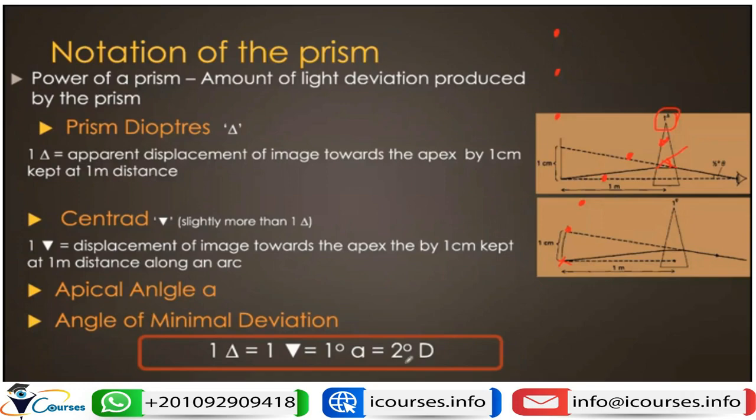So this is the rule, and in notation or in practice, we use the prism diopter and the angle of deviation. So 1 prism diopter equals 2 degrees of angle of deviation. So always the angle of deviation is half the prismatic power of the prism.